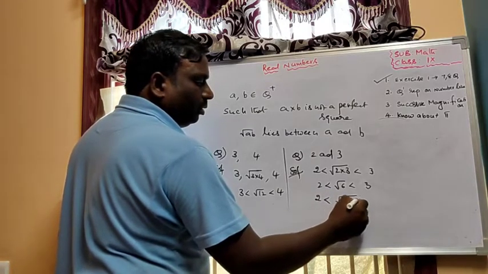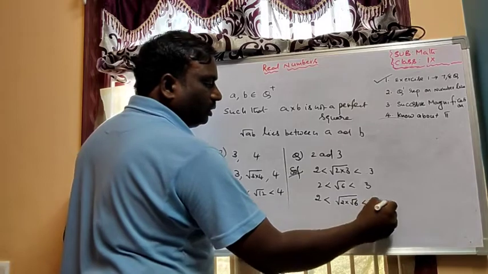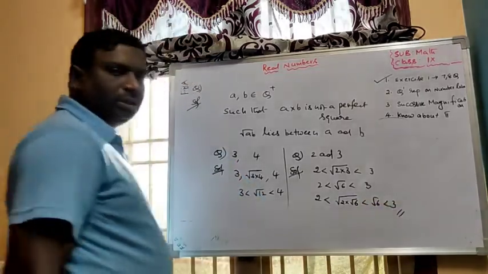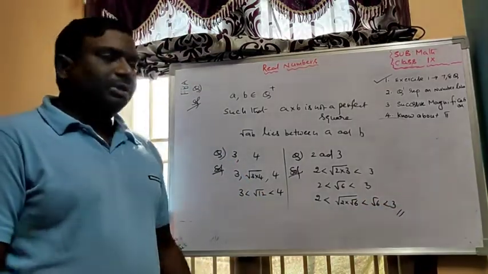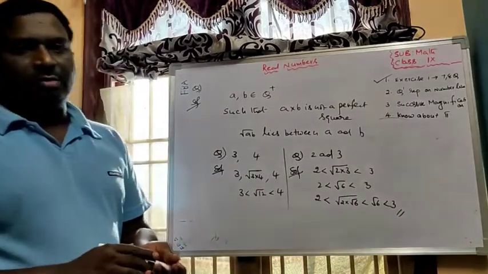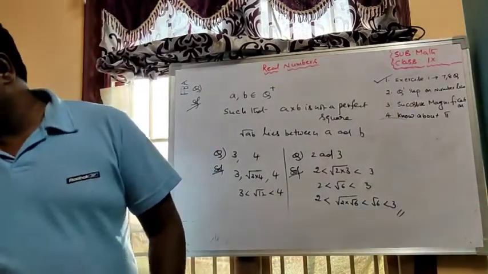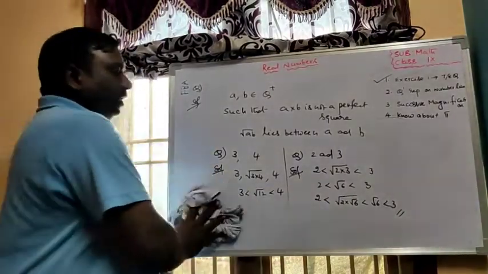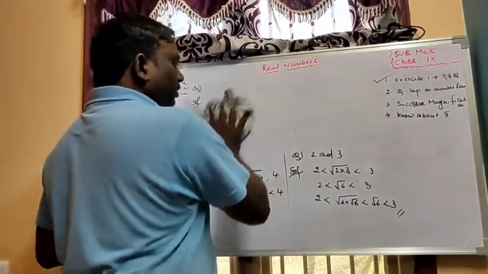Like this you can find different irrational numbers in between two rational numbers. This is the method to find irrational numbers in between two rational numbers.